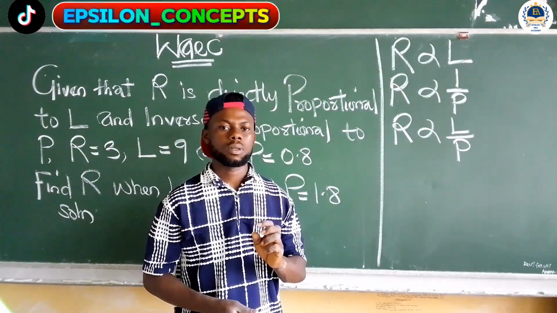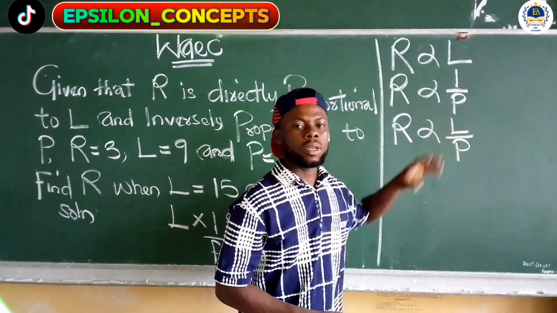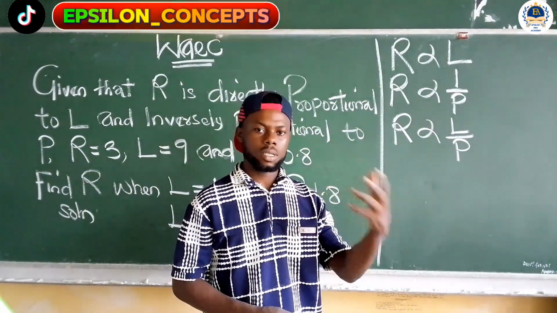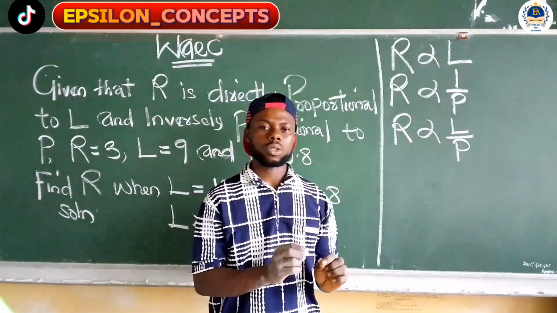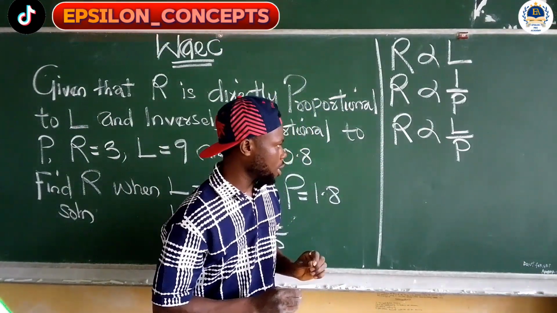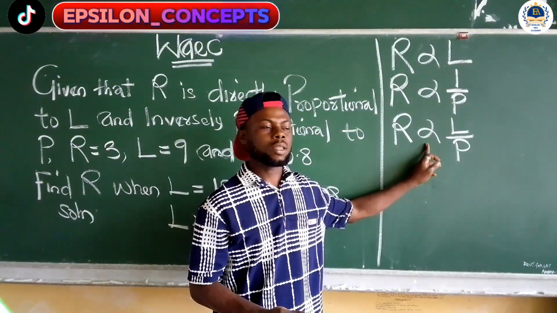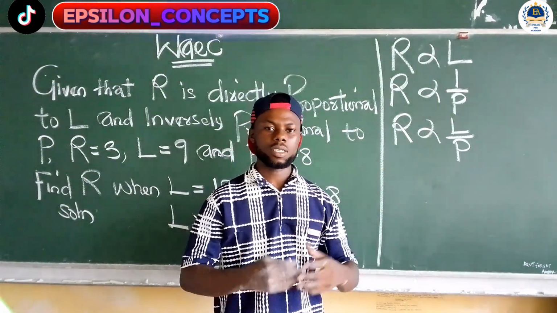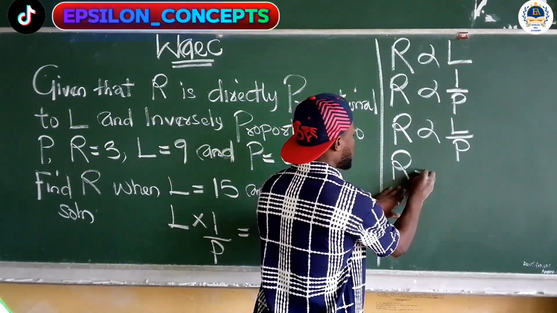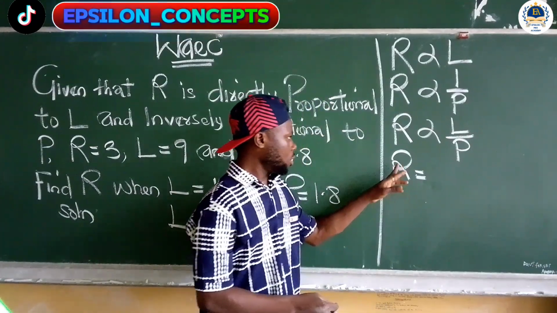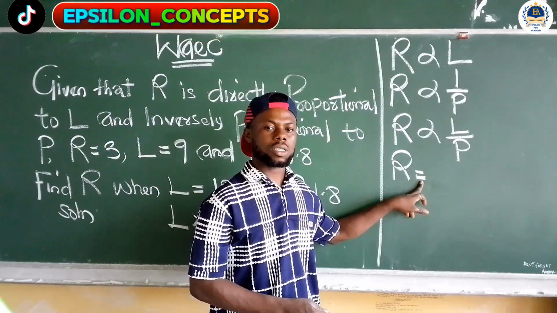But it is impossible to solve from what we have right here without an equality sign being given to this. So we are going to introduce the equal to sign. Take note, the equal to sign and proportionality sign are not basically the same thing. To introduce the equality sign, we have to do this. R will equal to, once the proportionality sign changes to an equal to sign, we introduce a constant to it.